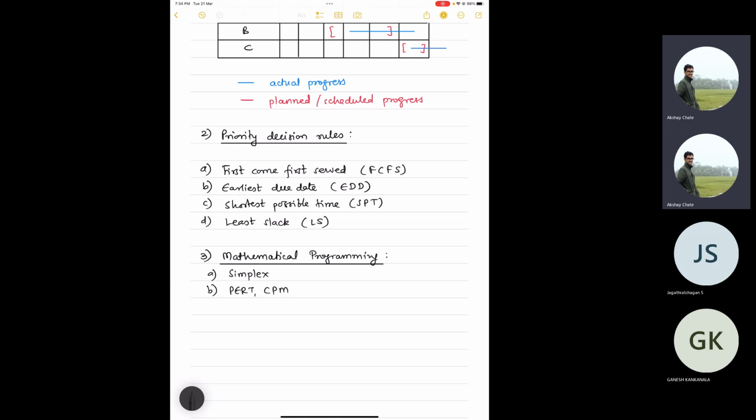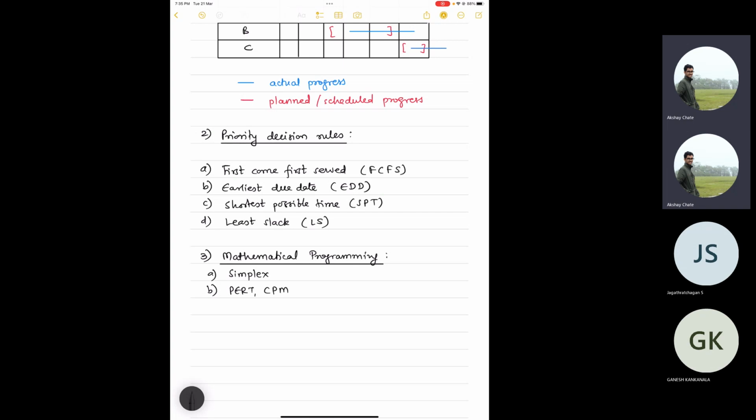So in order to keep track of those projects and various activities, you cannot rely on simple tools like these priority decision tools. These are applicable when you have small volumes or small projects. But when you go to very complicated, very big, very lengthy projects involving a large number of people, you cannot rely on these priority decision rules.